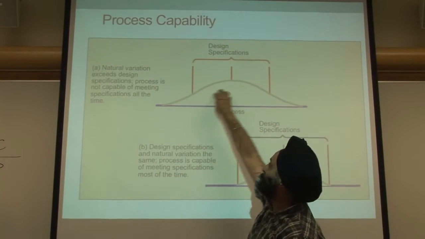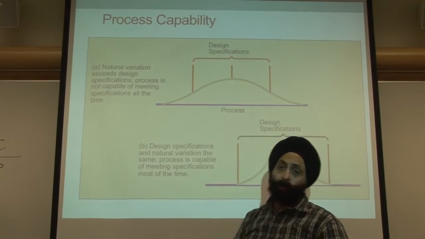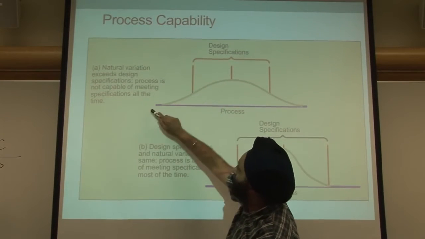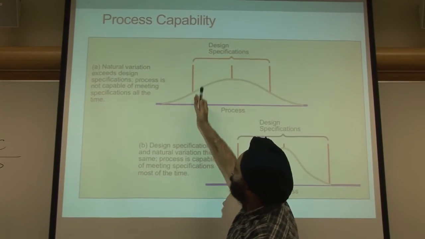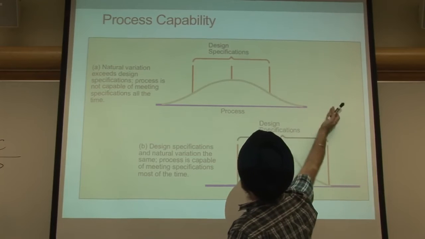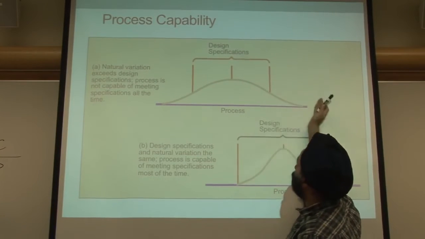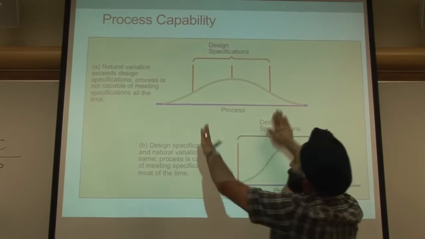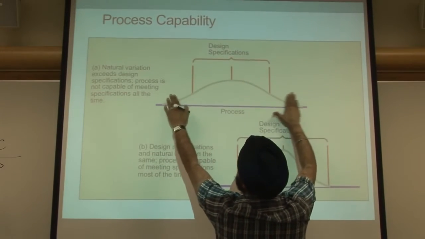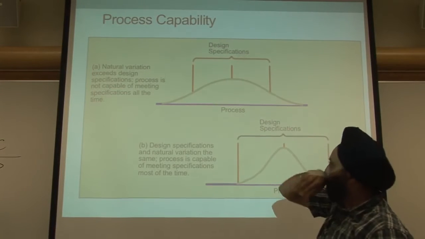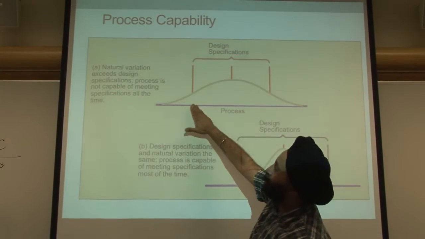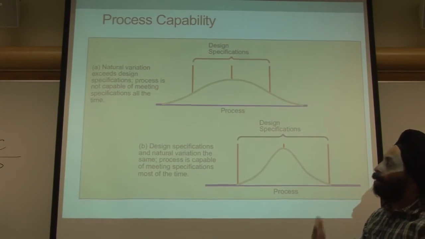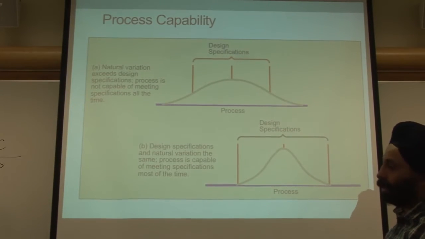The process output is so variable that most of the items are falling either below what is acceptable minimum or outside more than what is considered maximum, because this is the area where it will not be acceptable. So in this case, when natural variation exceeds design specification, process is not capable of meeting specifications all the time.